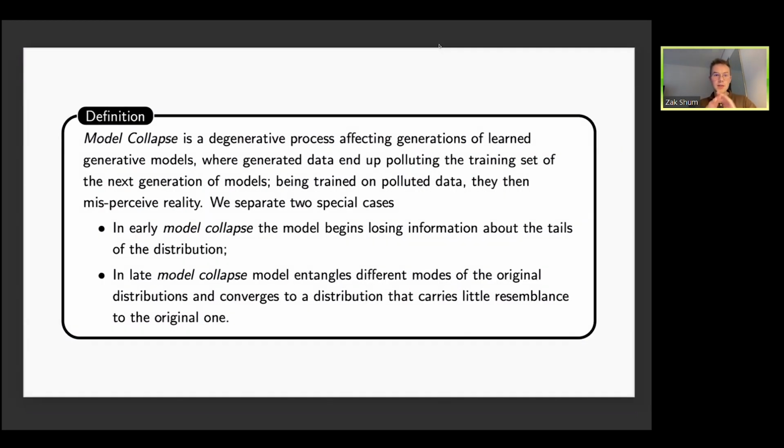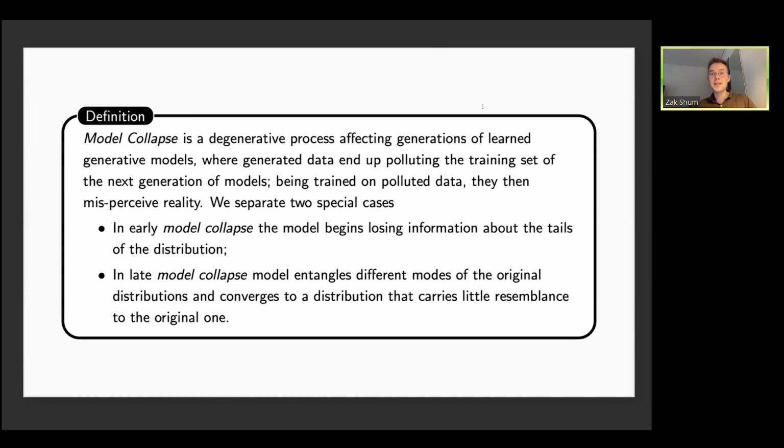Just to give a definition of what model collapse is, we refer to it as a degenerative process which effectively affects generations of learned models, because the data generated by the previous models begins polluting the training set of next generation models. So to give another example, you could consider GPT-2, GPT-3. Oftentimes, they get pre-trained on the whole internet.